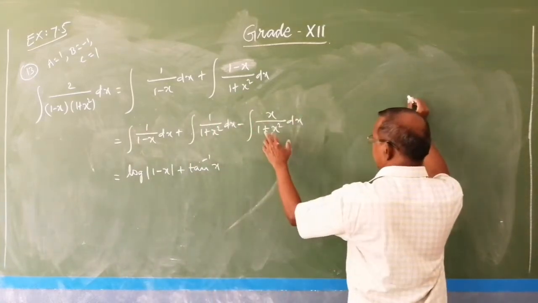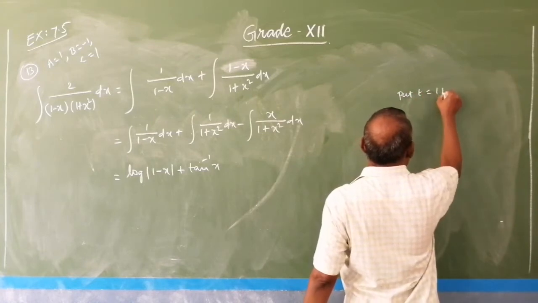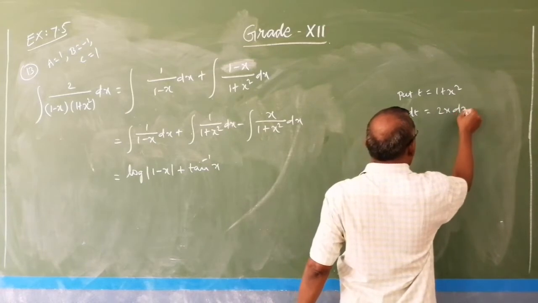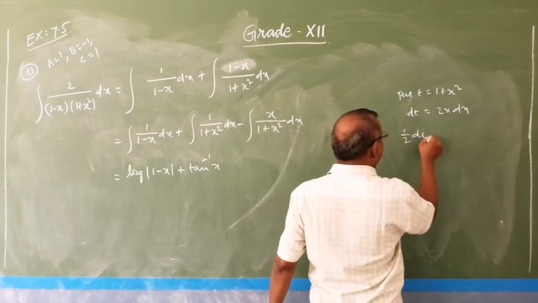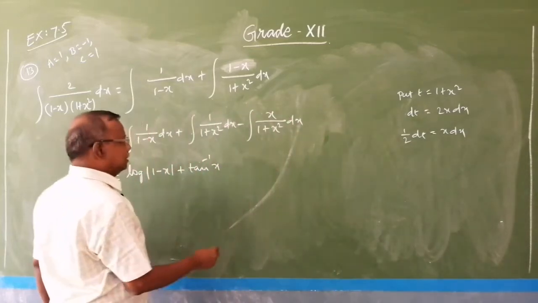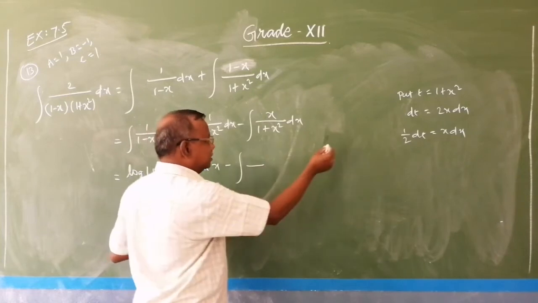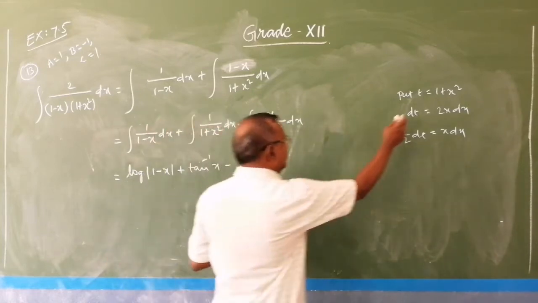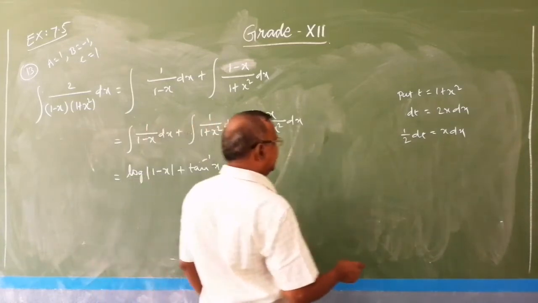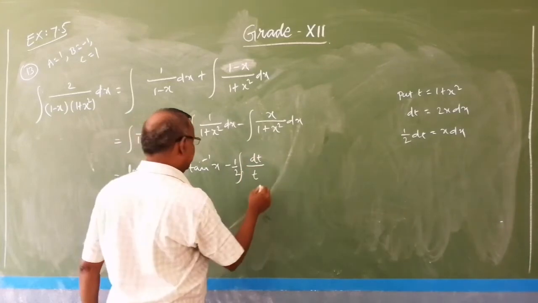Here the denominator is 1 plus x square. So, put t equal to 1 plus x square. So, dt equal to 2x dx, or 1 by 2 dt equal to x dx. So, we can substitute here. This is minus integral, for the denominator 1 plus x square we put t, and instead of x dx, 1 by 2 dt.